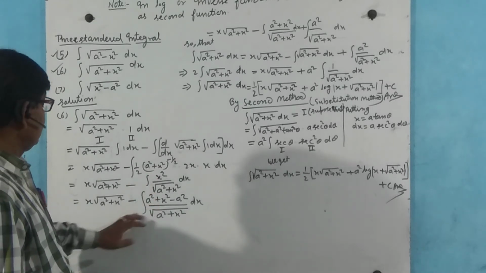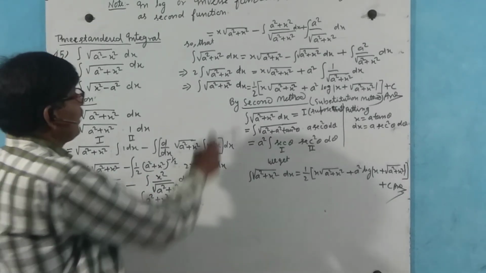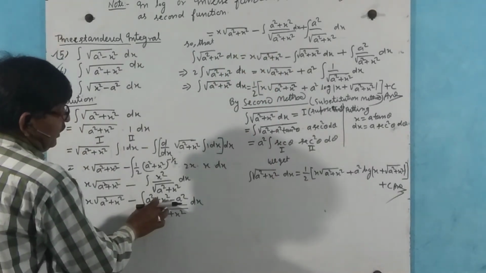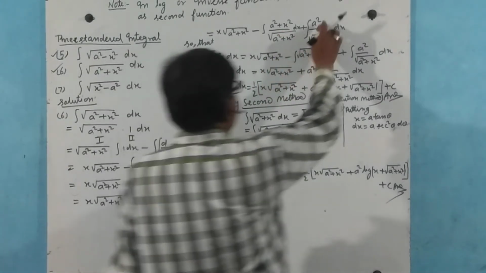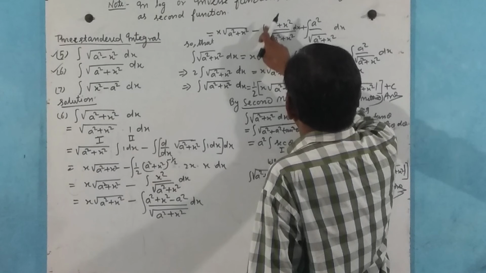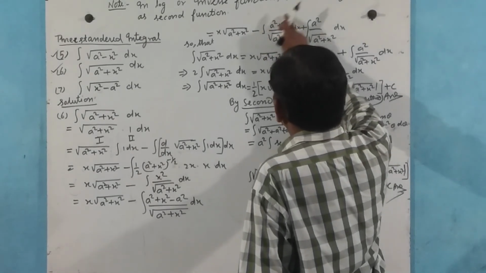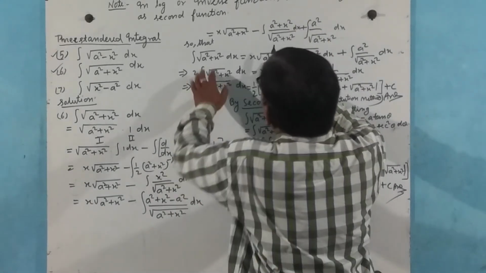Now x root a square plus x square, and this can break down into two parts: this part under root this and a square of this. Now this can also be written, this is a half, so that under root half, and this.